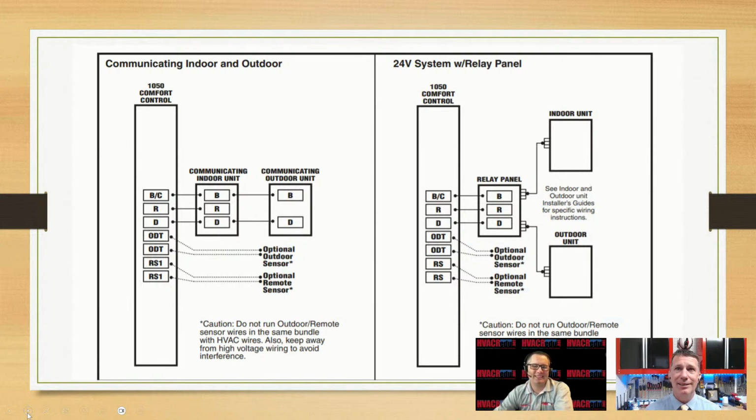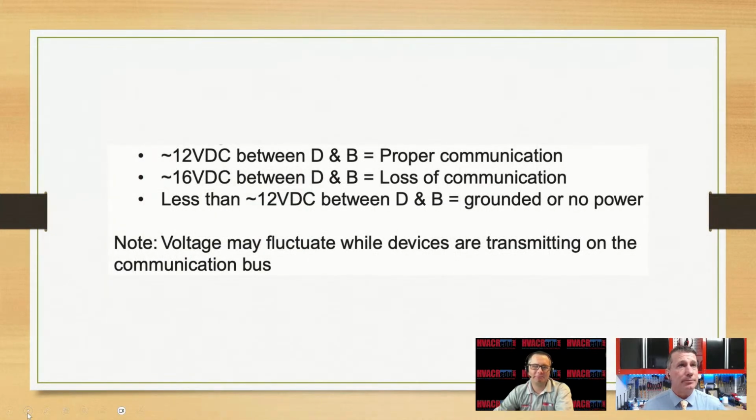We just happen to be sharing the same terminal and conductor. So our B is actually a B/C, so it is common. And then we have R for 24 volts hot. And then, of course, we have our other D for communicating. So when we look at voltage-wise, what are we doing? We are not running on 5 volts DC on this particular platform. We are running on a much higher DC voltage.